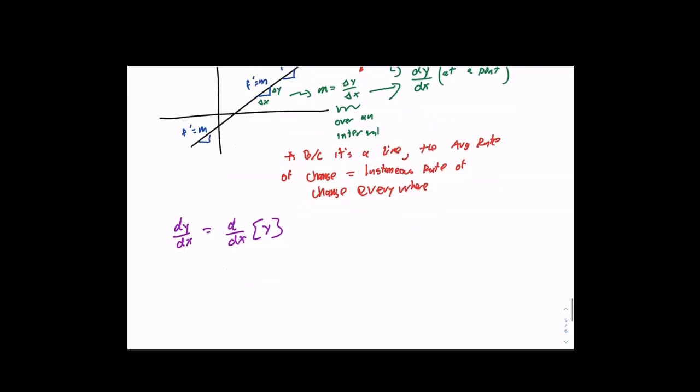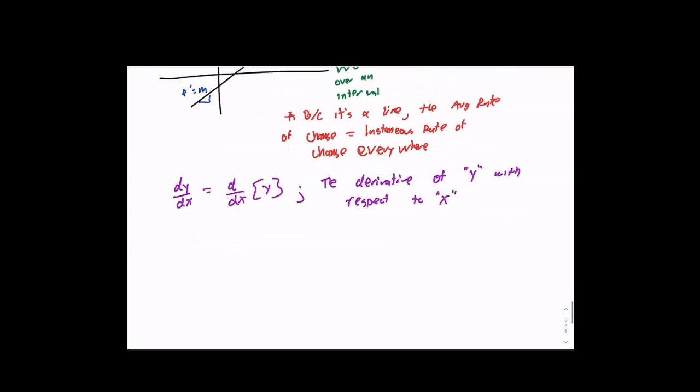Now, I've shown you this notation. dy dx is really d dx of y. But more importantly, this means the derivative of y with respect to x. And I've said that over and over and over.